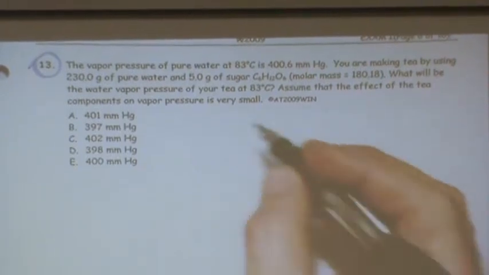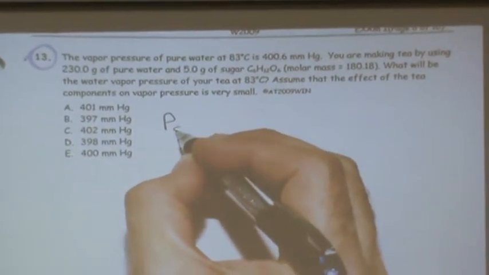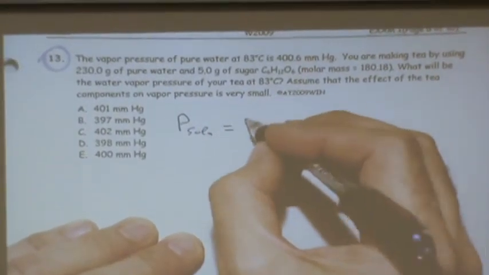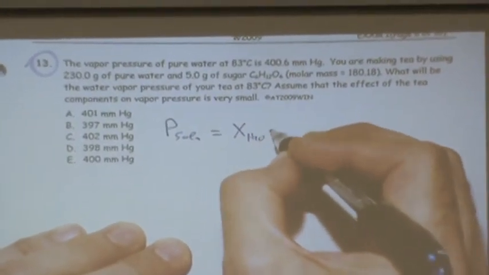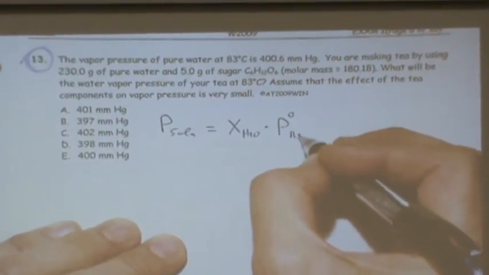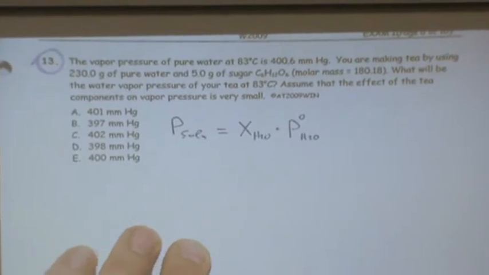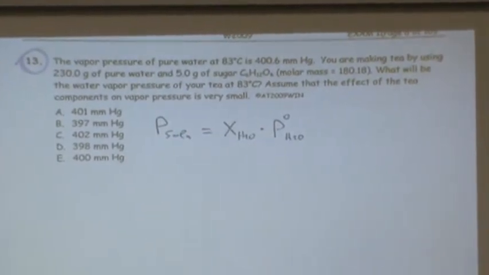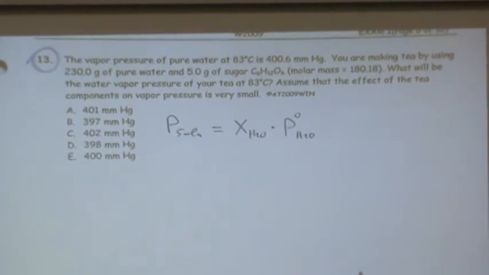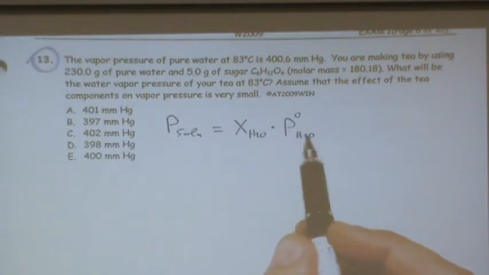So Raoult's law says that the pressure of the solution is going to be equal to the mole fraction of the solvent times the vapor pressure of water, the solvent, when it's pure, nothing in it. So what we really need is, we know this is giving us that, right?